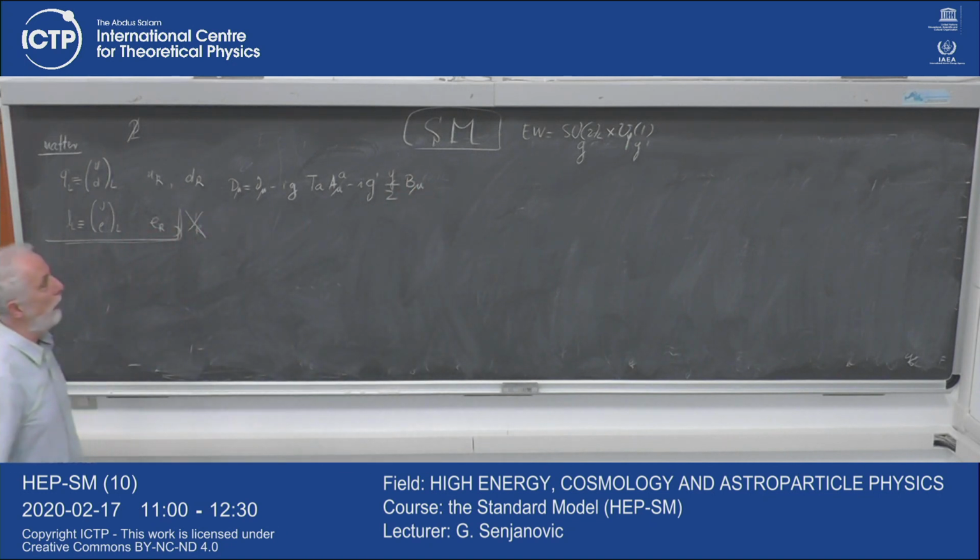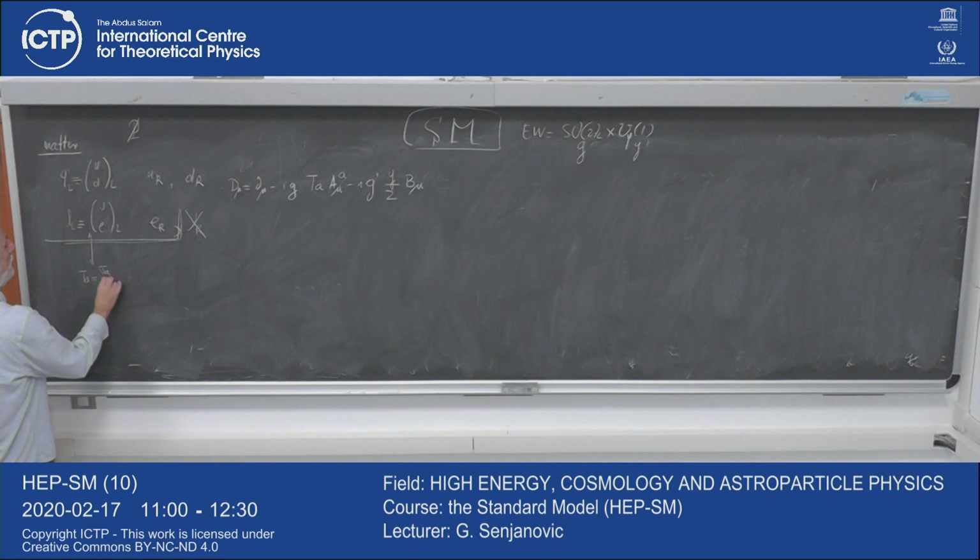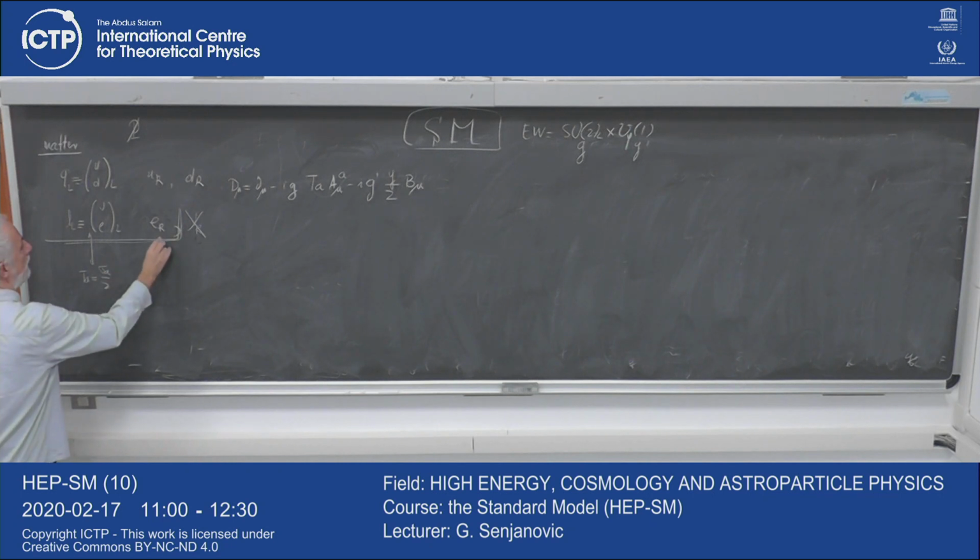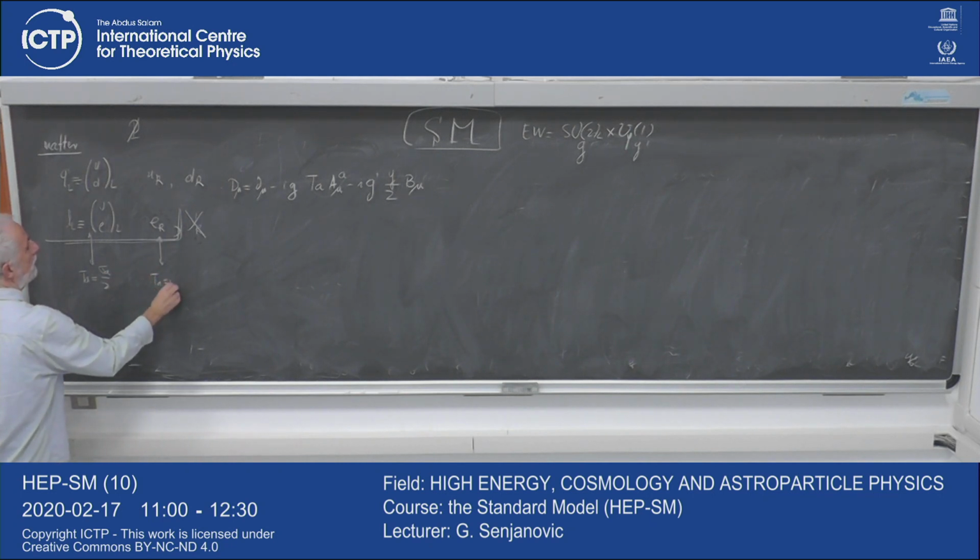And the gauge field of U(1) I call B. And T^A is sigma^A/2, and here we said T^A is 0.